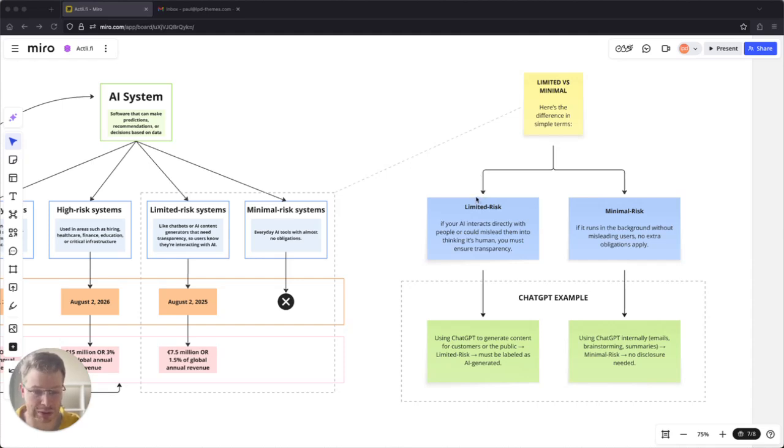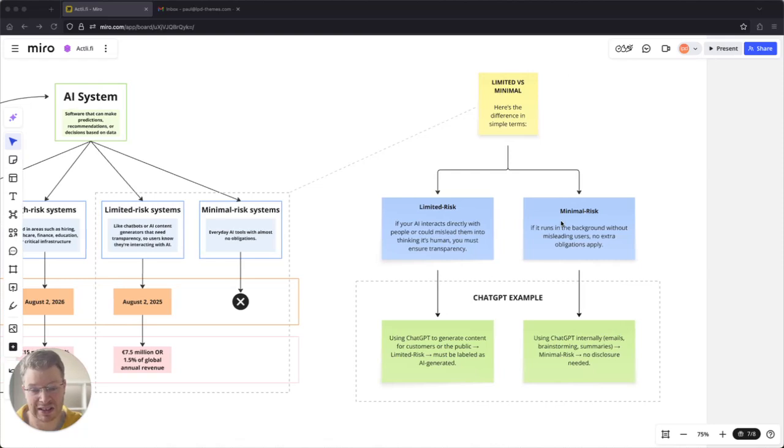For a limited risk system, if your AI interacts directly with people or could mislead them into thinking that it's human, you must ensure transparency. For a minimal risk system, it runs in the background without misleading users, so no extra obligations apply.